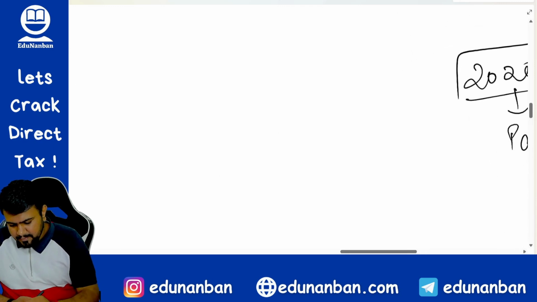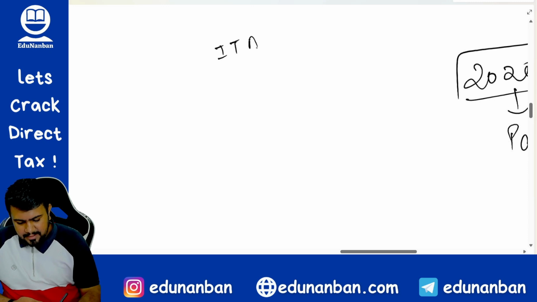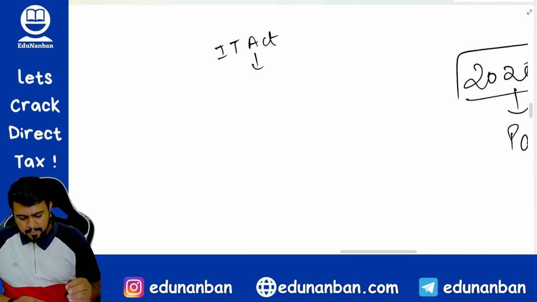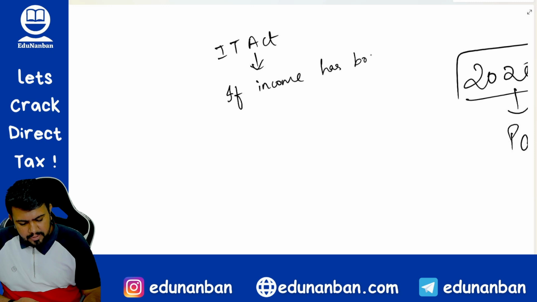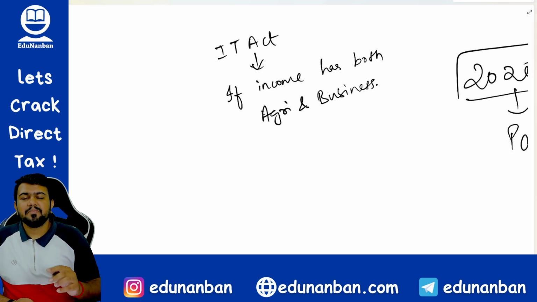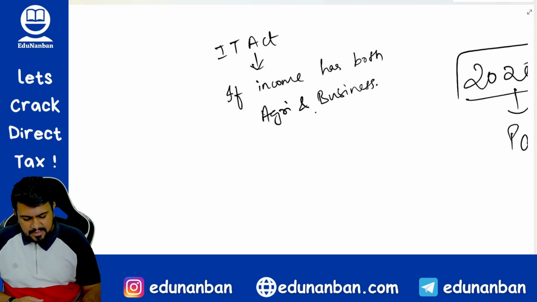Let's say the Income Tax Act tells that if an income has both agricultural element and business element, if the income consists of both agriculture as well as business, then you have to separate both.